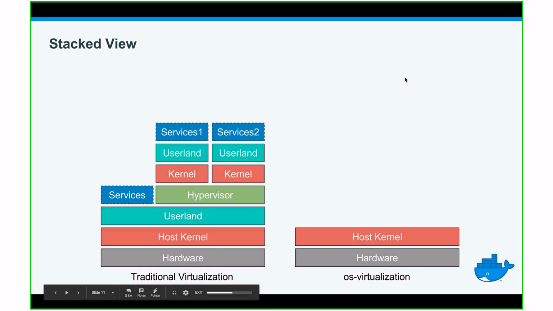So, for instance, if you have a 2-socket system with, let's say, 12 cores each, if you give 24 cores to a guest, the kernel of the guest will see one socket with 24 cores. So it will make decisions based on a false assumption, basically.